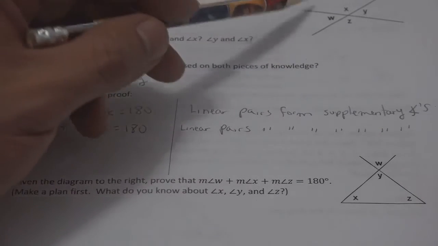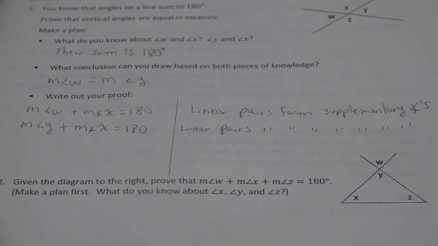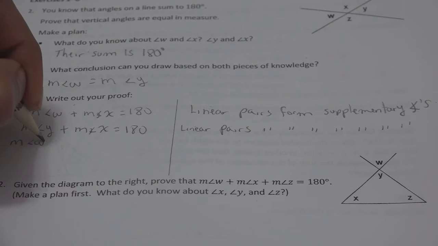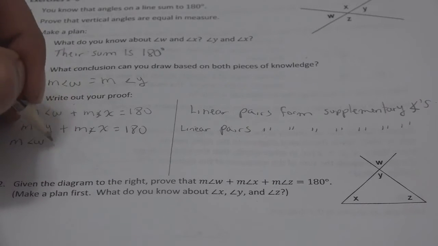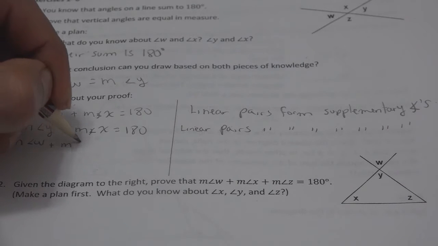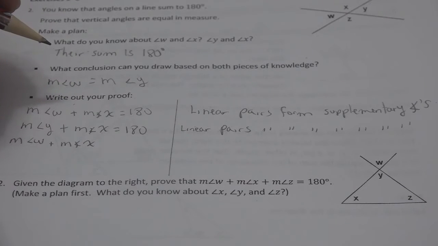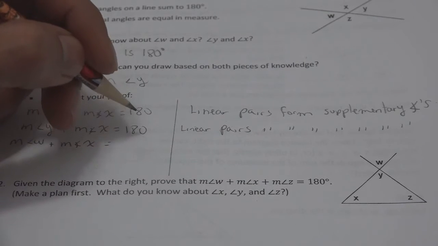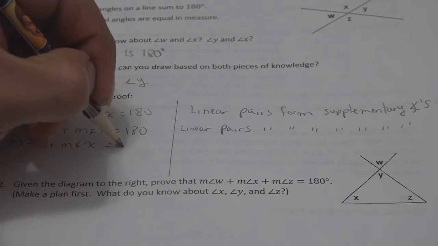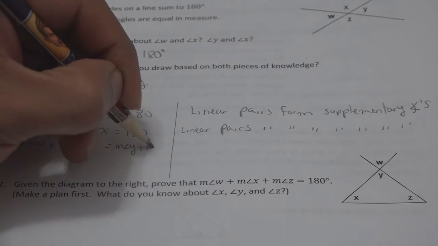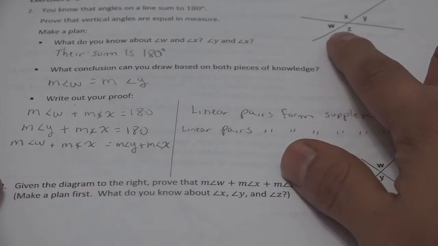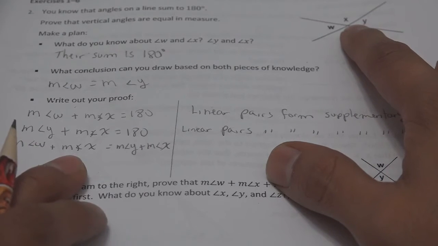Okay. Now that we have said that, then we can say that measure of angle W plus measure of angle X equals measure of angle Y plus measure of angle X. Okay, measure of angle W plus measure of angle X, that's a linear pair.